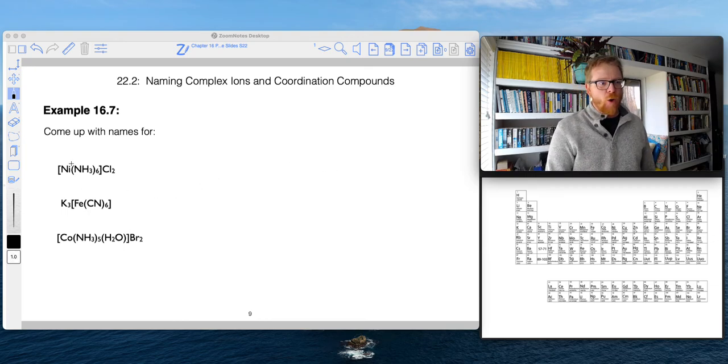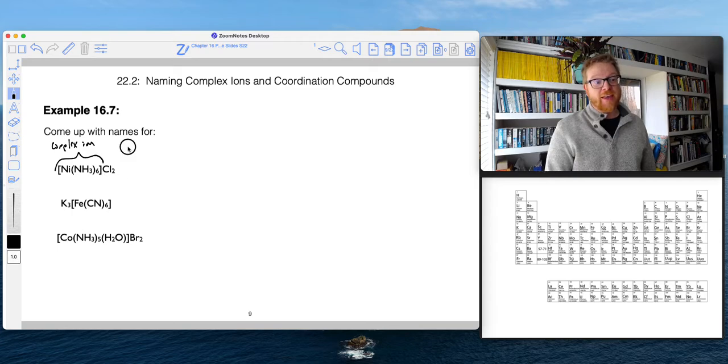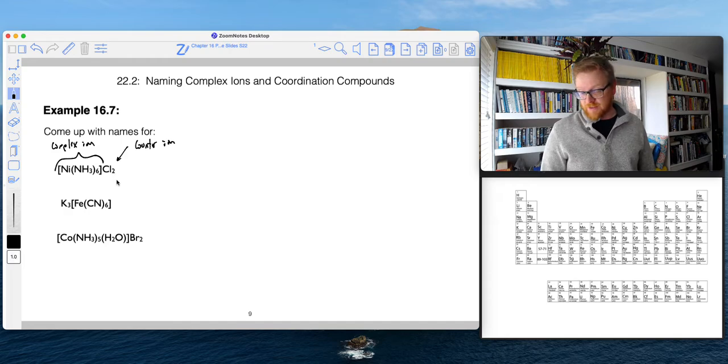Okay, so we see for one that all of these have counter ions. So my complex ion exists in the bracket. Okay, so I'm going to write complex ion. Okay, so the counter ion in this case is 2 chlorides.